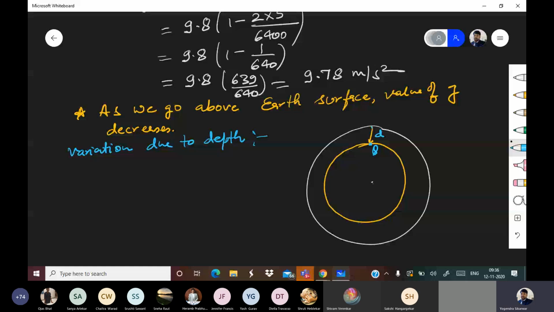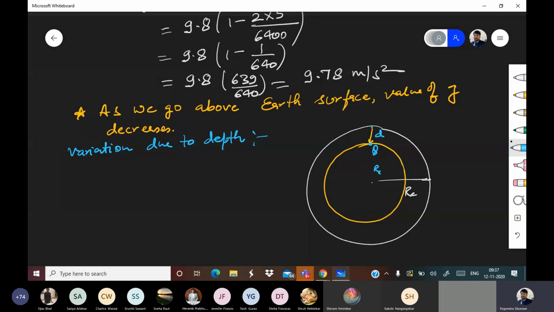All right. So pay attention everyone. The full radius of Earth is RE. The radius of this point will be, because the depth is d, RE minus d.